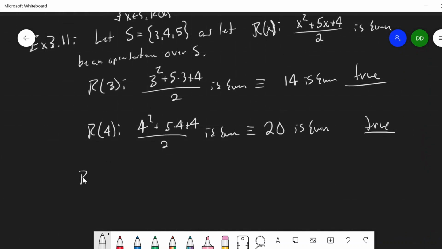Let's take a look at R of 5. R of 5 is 5 squared plus 5 times 5 plus 4 over 2 is even. And that'd be equivalent to 25 plus 25, that's 50, plus 4 is 54 over 2.